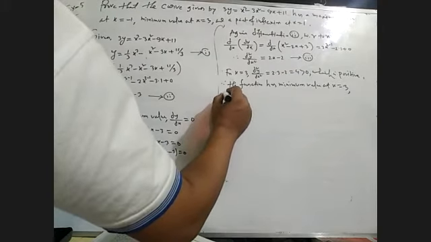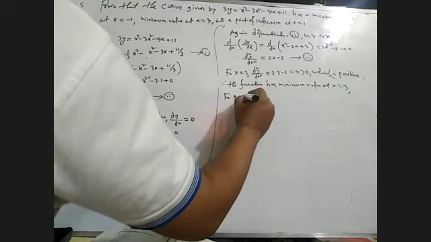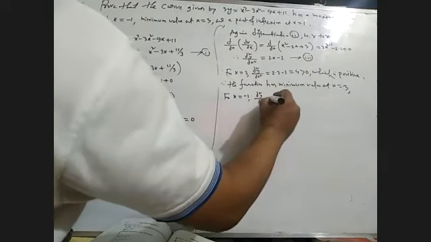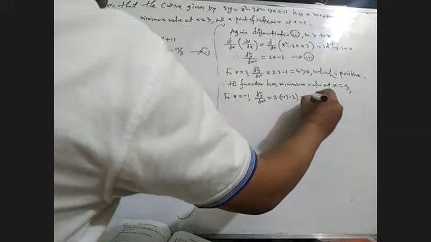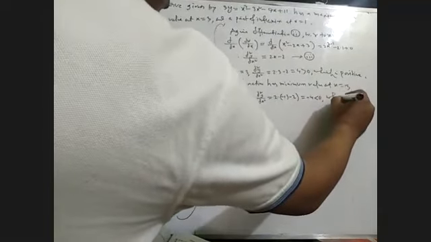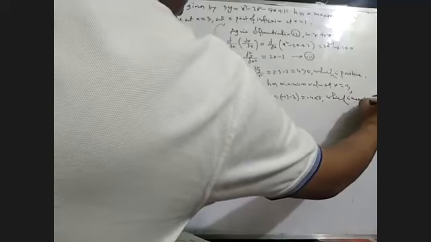Again, for x equals minus 1, the double differentiation value will be 2 into minus 1 minus 2, that means minus 4, which is negative.